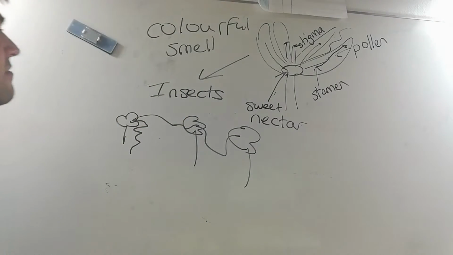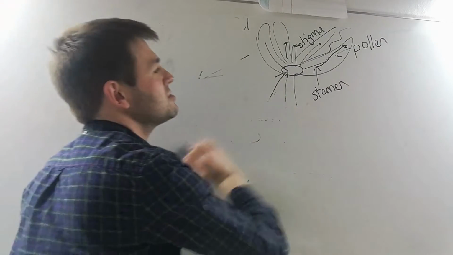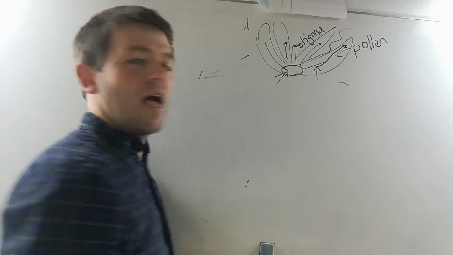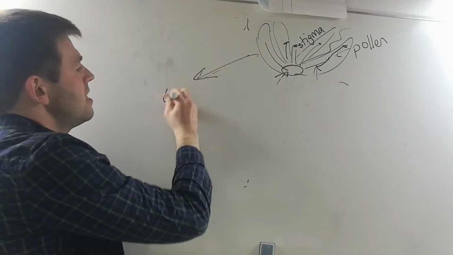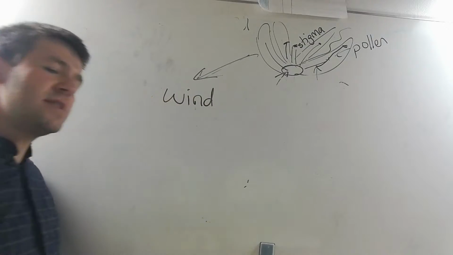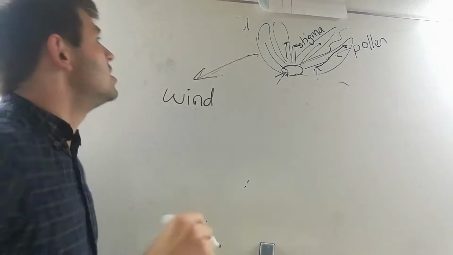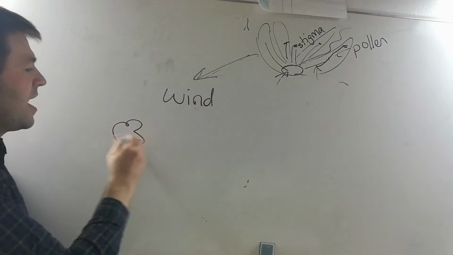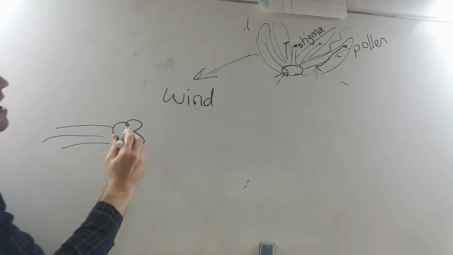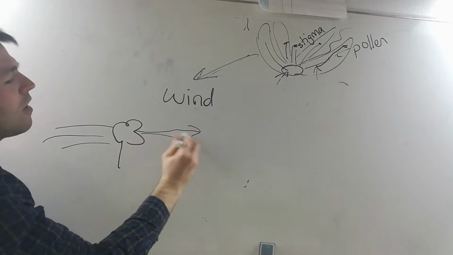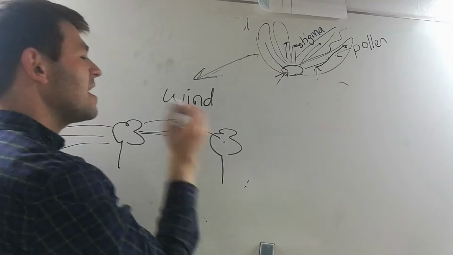You also have another way for different plants who don't use insects. And they use the wind. The idea that the wind can do it, because the wind can blow really fast. So the wind can take one plant and blow all of those bits of pollen, and maybe they go to another plant.